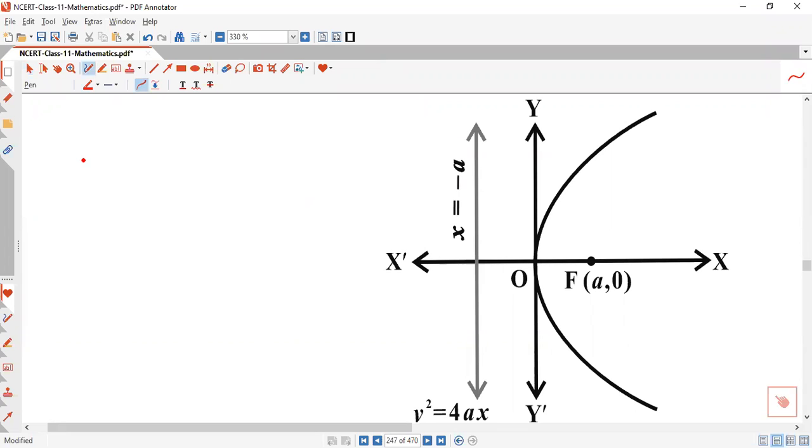Let's say we want to know what co-normal points of a parabola are. Co-normal points of the parabola is a very important thing.